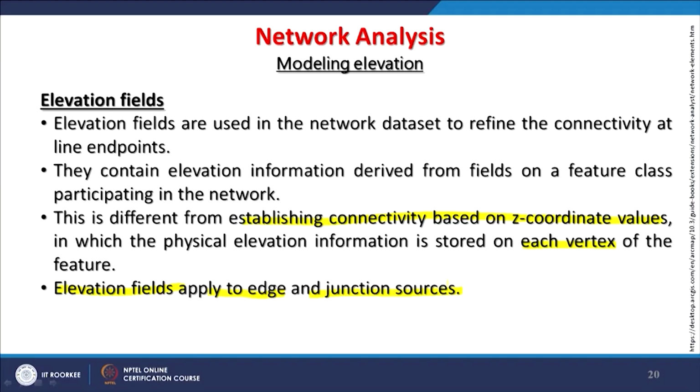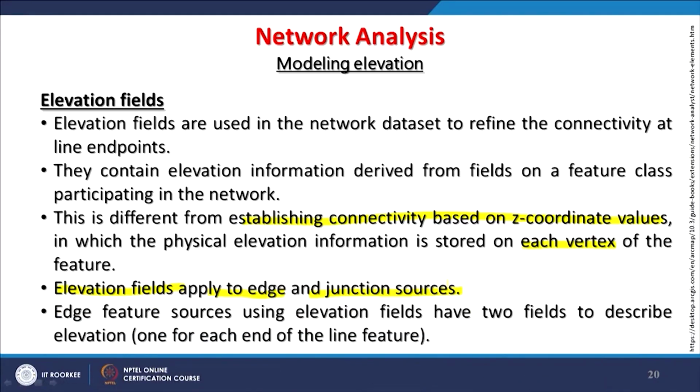Once you have stored it for each vertex, the vertices are part of edges and junctions also. And edge feature sources using elevation fields have two fields to describe elevation, one for each end of line features, because a polyline may have different elevations.